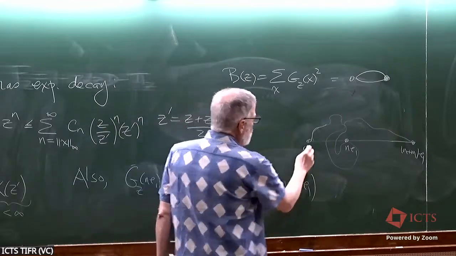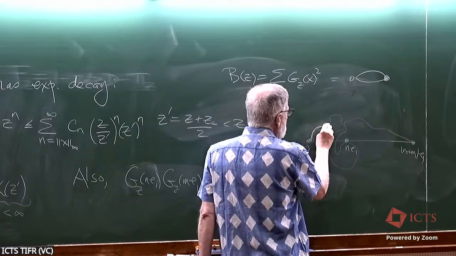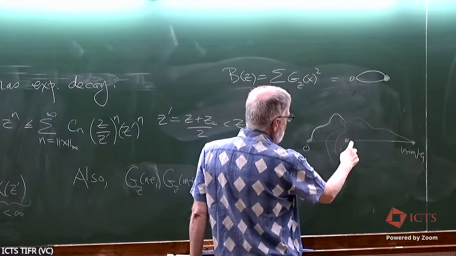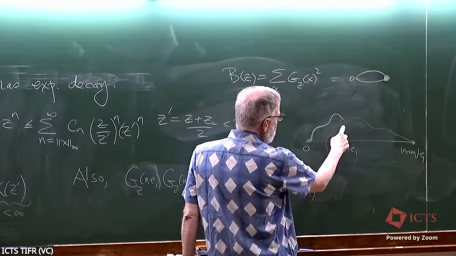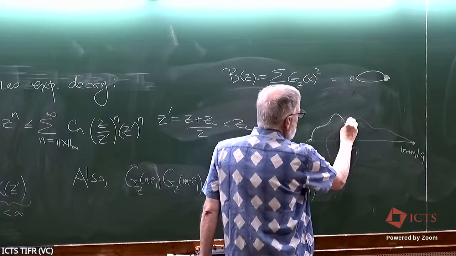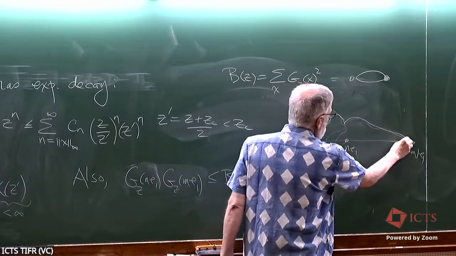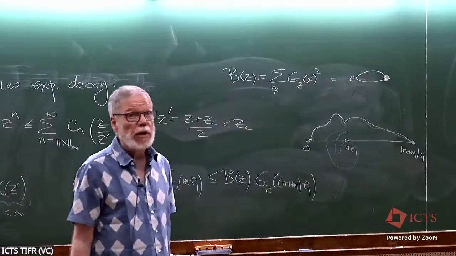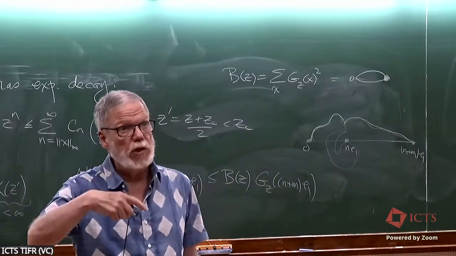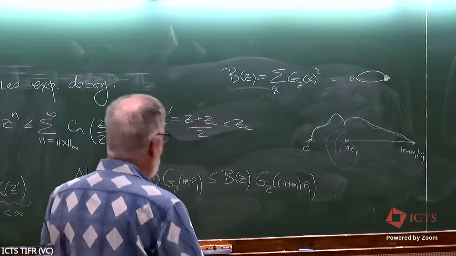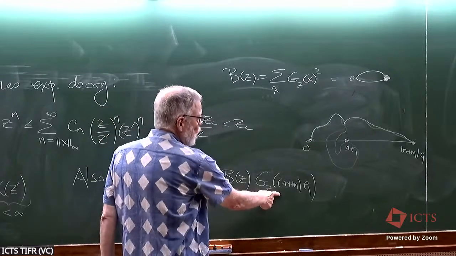So here, if I take the last time that the red walk hits the blue walk, then this green walk that I'm drawing will be self-avoiding. And it'll be a self-avoiding walk that goes from 0 to (n plus m) e_1. That's where this factor comes from.